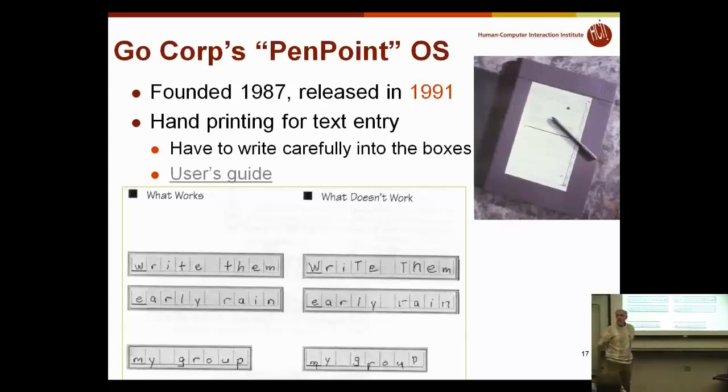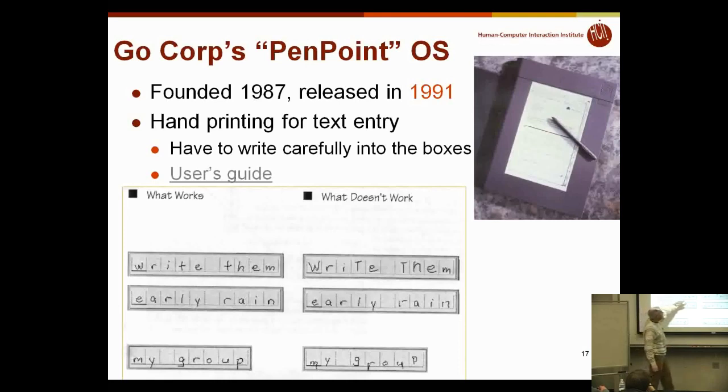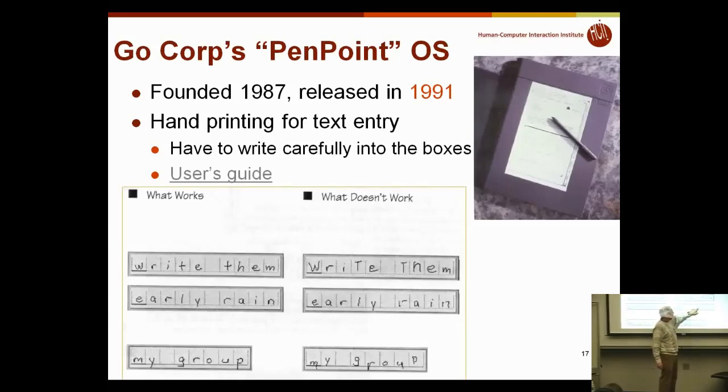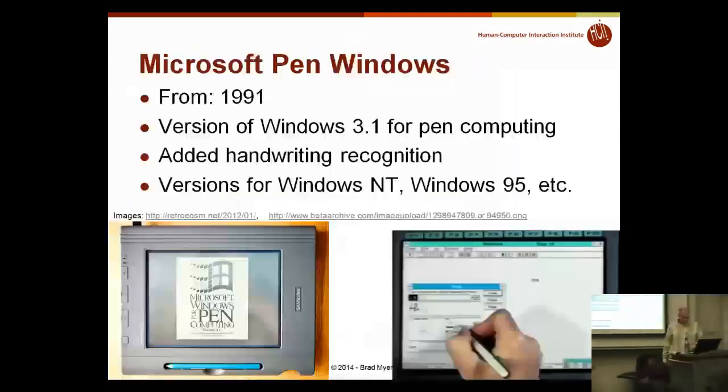So you're hand printing, it's called printing, where you separate each letter very carefully so it doesn't have to try and figure out the letters, and it shows you that this one is not going to correctly figure out that that's an H because it looks like an N. Here the R is separate with a little gap, and so that's going to not work, things like that. So it's trying to teach you all these correct ways of doing things so that they'll be recognized well, and ones that it will make mistakes.